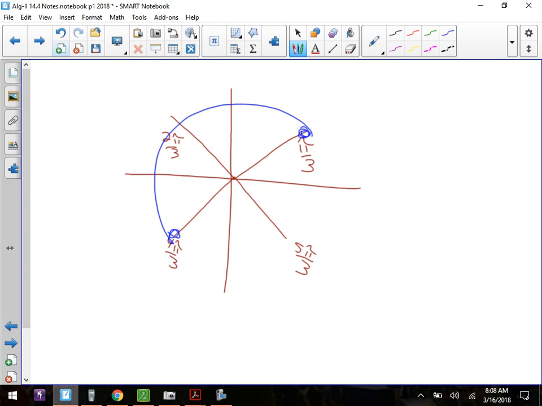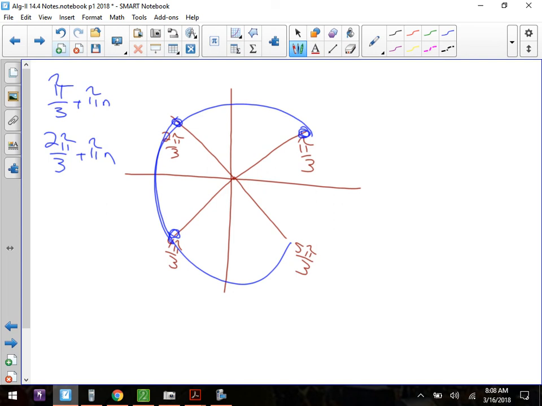Pi. And then these two are how far apart? Pi. So what happens here is that you could say pi over 3 plus pi n and 2 pi over 3 plus pi n. And that would be your solution if you have all 4 pi over 3s.